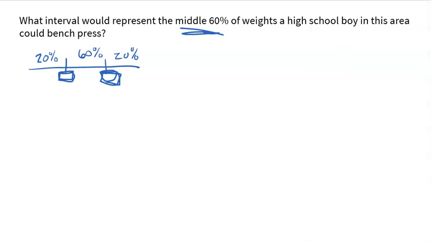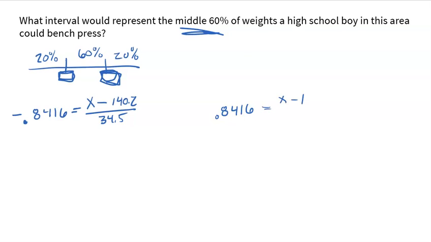All right, so now all I got to do is take those z-scores of negative 0.8416 and positive 0.8416, and find the actual weight. So I'm going to use my z-score formula, which is the weight minus the mean divided by the standard deviation, and I simply have to solve each of these. And again, all I'm trying to do is find the actual weights that represent these z-scores, because then these will be the actual weights that mark the middle 60%.